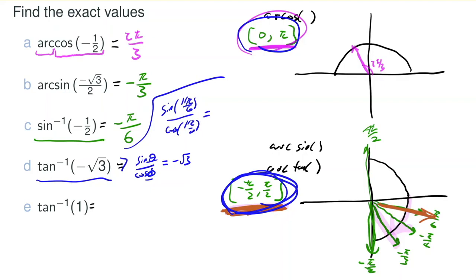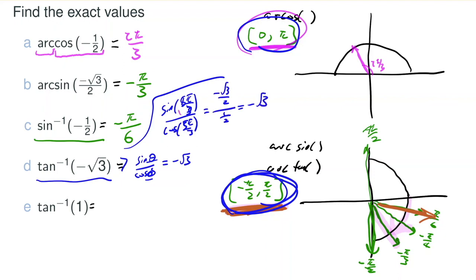Actually, I picked the wrong angle, sorry. Let me write that again. It's actually 5 pi over 3, right? Sine of 5 pi over 3 over cosine of 5 pi over 3 gives us negative square root 3 over 2 over 1/2, which is negative square root 3.